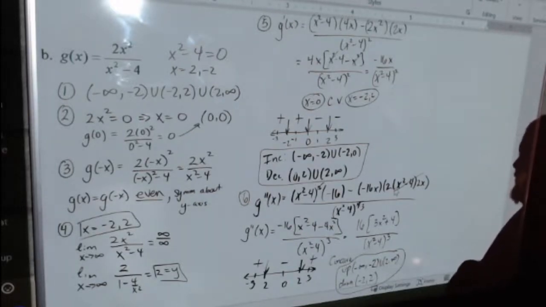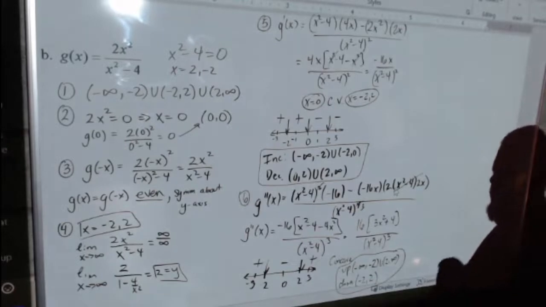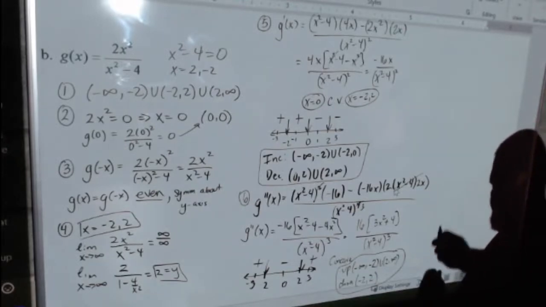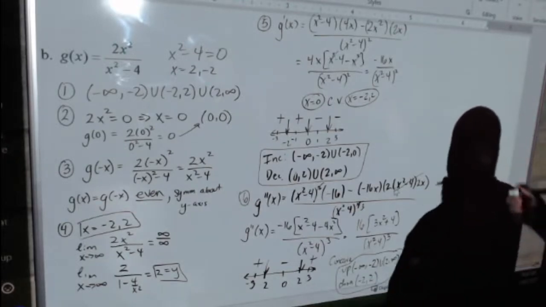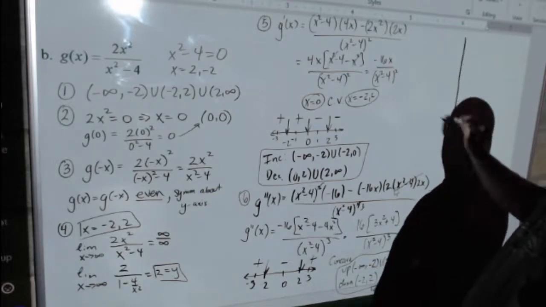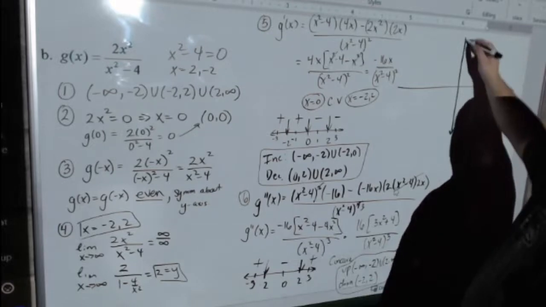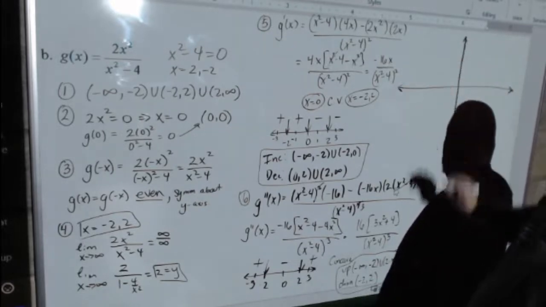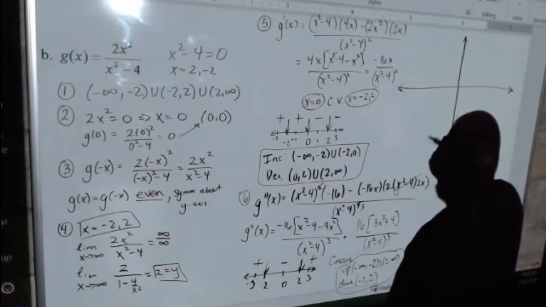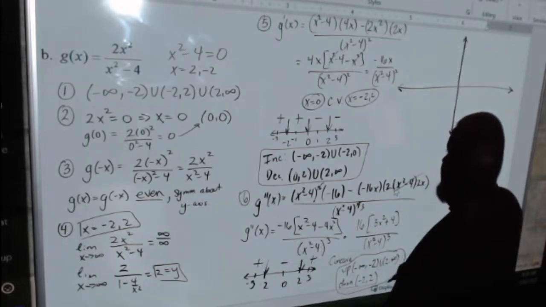So now we've got to use all of this information to make the plot. Alright, so we know there's an asymptote at negative 2 and positive 2.